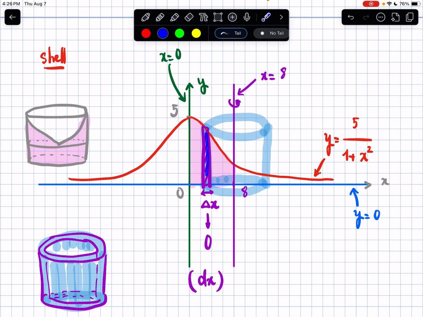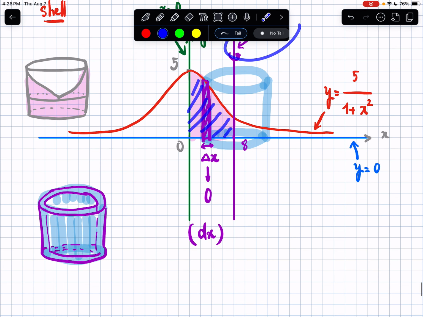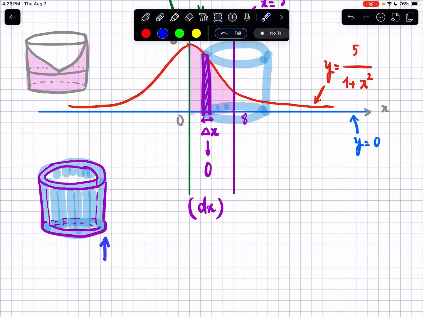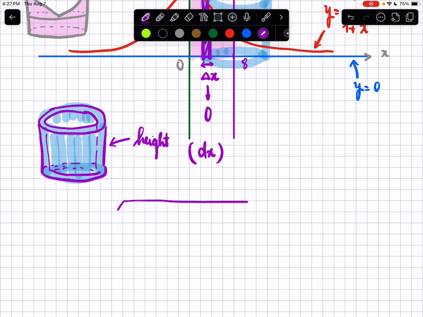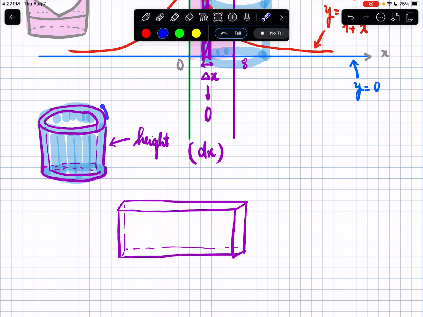We get the volume of the whole solid obtained by revolving this region about x equal to 8. If we cut this shell along the height, we get a rectangle.